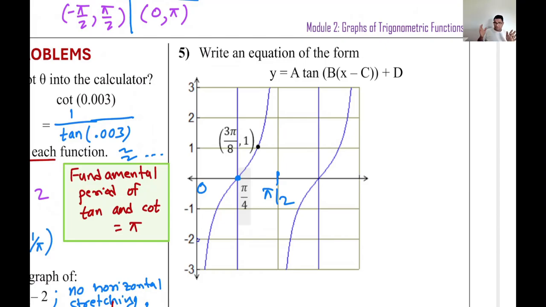So the normal graph of tangent is from minus pi over 2 to pi over 2, the fundamental period. But this one is from 0 to pi over 2, which means you can see that it is horizontally shrunk 2 times. So the value of b is 2.